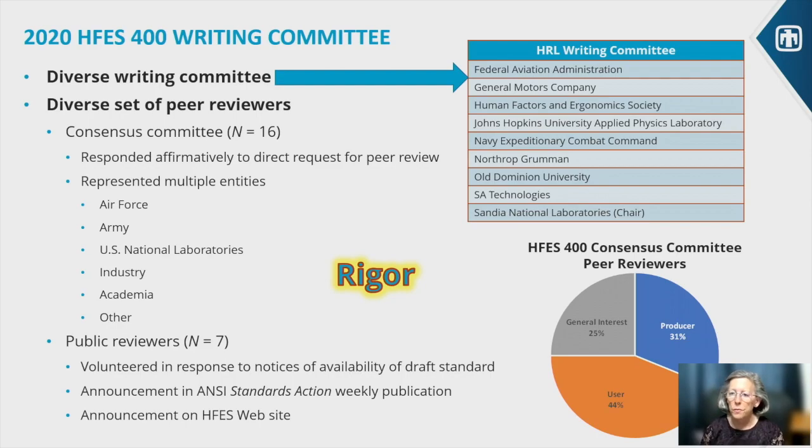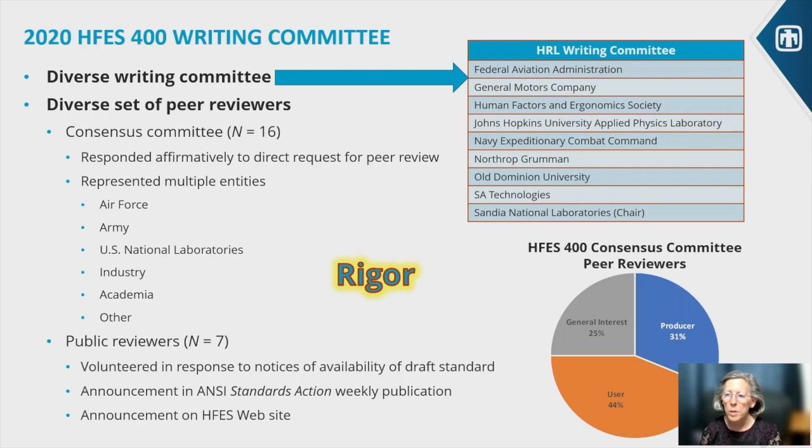But in addition to this formal consensus committee, which is required for ANSI approval, we also have what are called public reviewers. These are people who find out about the standard. We advertised it on the Human Factors and Ergonomics website. It was posted in the ANSI Standards Action circular. And they just said, yeah, I'd like to review that.